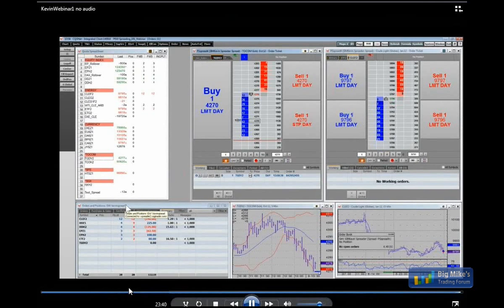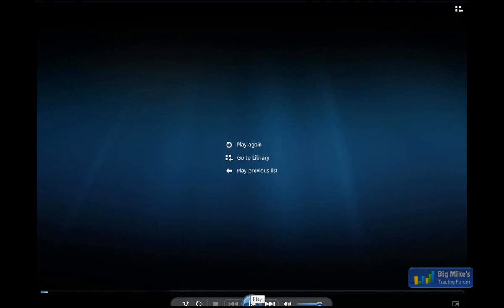So again, server side, co-located, very, very fast, built for speed. The ability to pull in multiple asset classes, the ability to pull in multiple different exchanges, build custom spread strategies, all within the CQG spreader system.